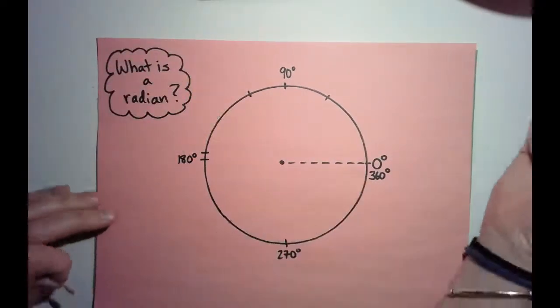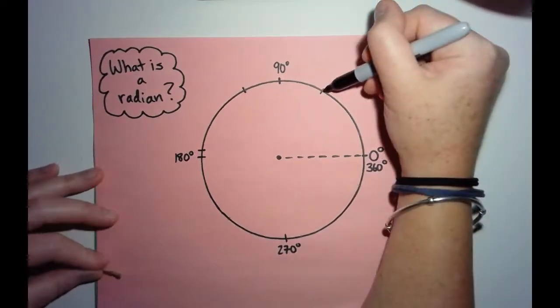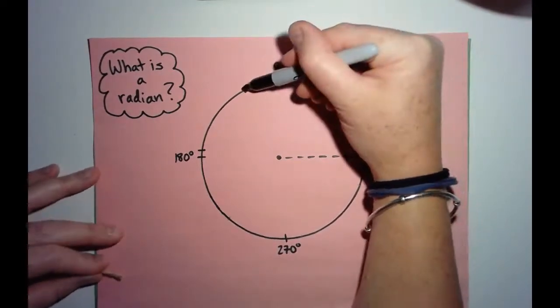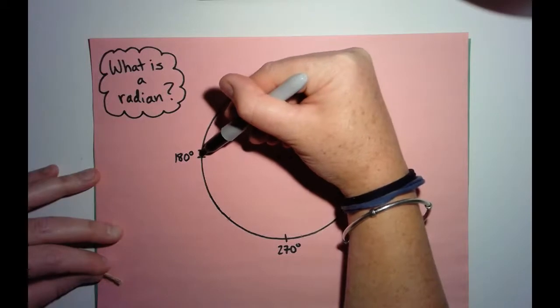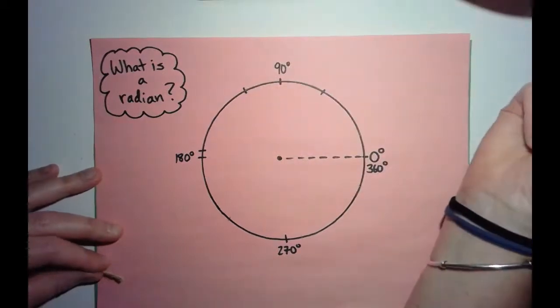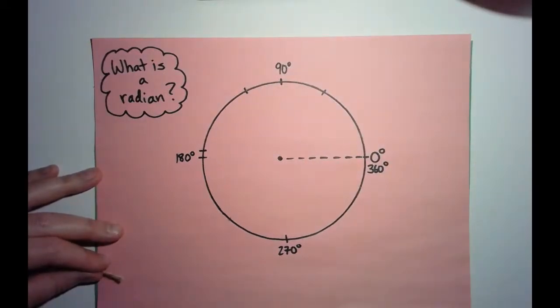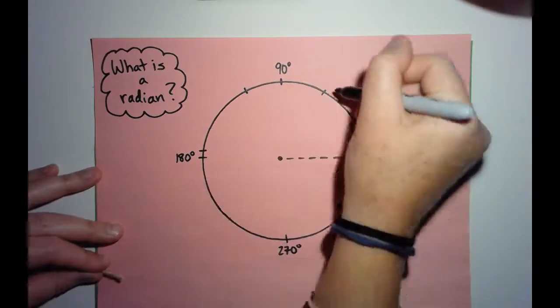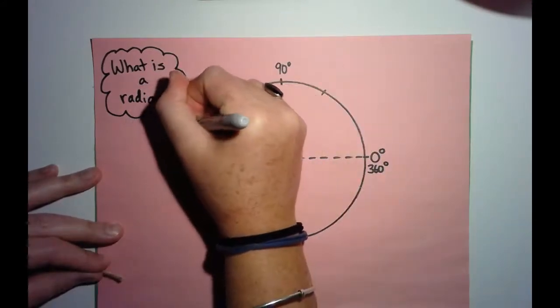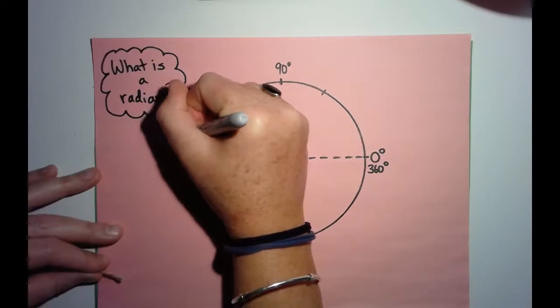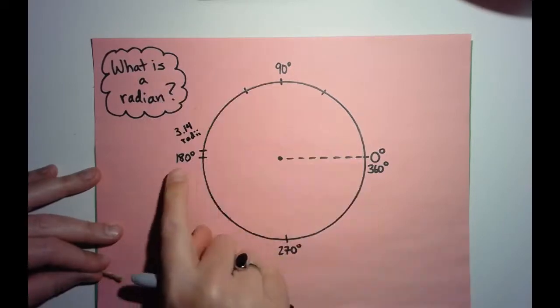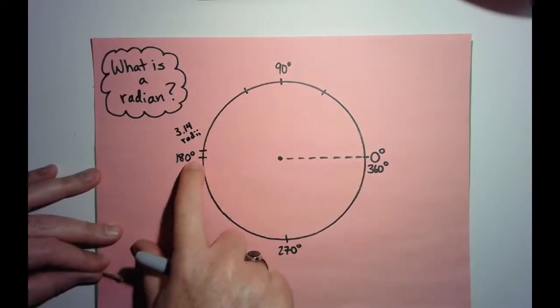So let's look at what's happened so far. I went one radius and 2 radii and then a third one, and then there's a little bit left over right there. So what I have done is I have traveled 3.14 radii to get to the halfway point of my circle.